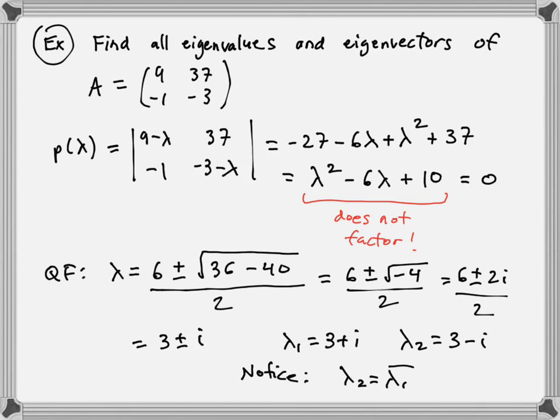So let's go ahead and figure out the eigenvector. And here you're going to see why the theorem is so nice, because dealing with complex numbers can be a bit of a pain. So let's jump to finding the eigenvector. For lambda 1 equals 3 plus i, we want to find the eigenvectors, right?